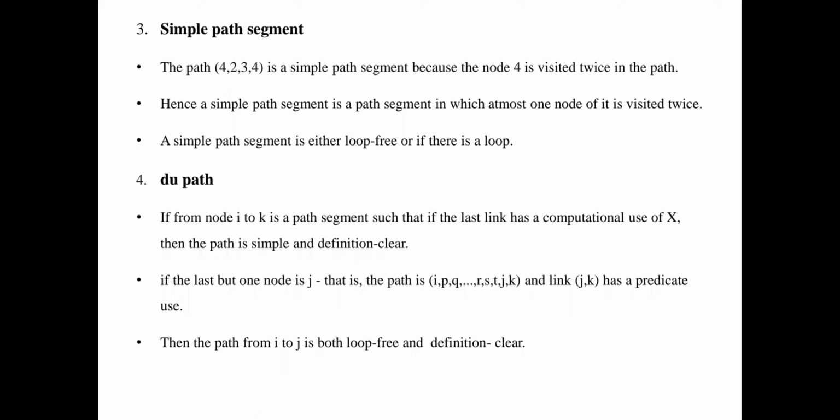Only the last link, J to K, should have the predicate. That is called the DU path. These are the four terminologies to be learned before going to the strategies: one is a definition clear path, second is a loop free path, third is a simple path, and the fourth is a DU path.